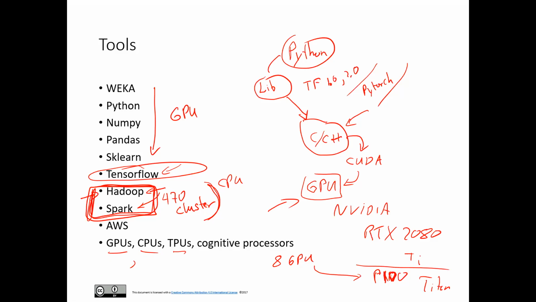And so TPUs are, I think, only an innovation of Google right now, and they have TPUs on their cloud that you can basically rent. And then there's cognitive processors. Cognitive processors would be chips that are just designed to do machine learning.